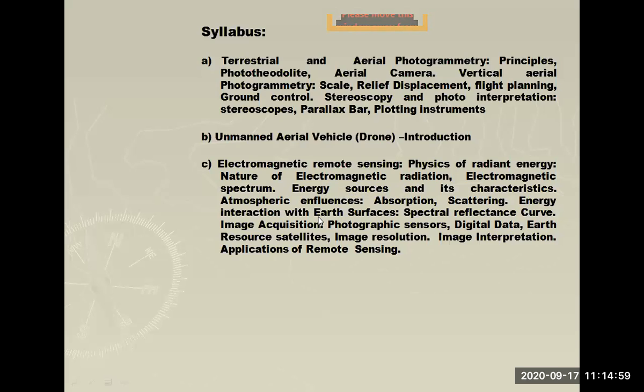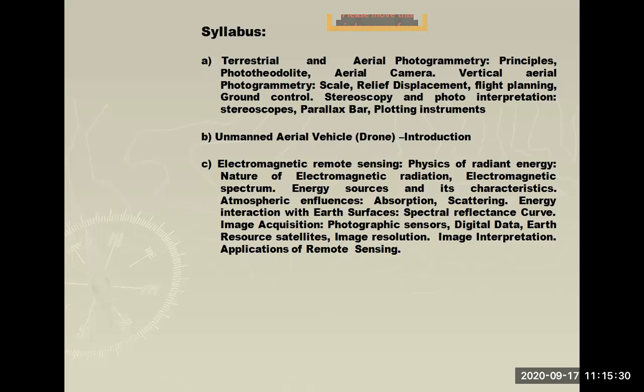Then interaction with the earth surface, spectrum reflection, it means फ्लैश जब हम यूज करते हैं उस टाइम रिफ्लेक्शन होता है. तो सब ये स्टडी हम इस थर्ड पार्ट में करने वाले. And at the last, application of remote sensing, for what purpose this remote sensing we can use, that we will see in detail. So this is the syllabus of this remote sensing chapter.